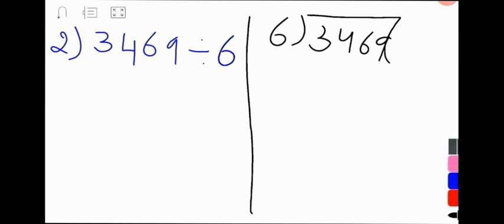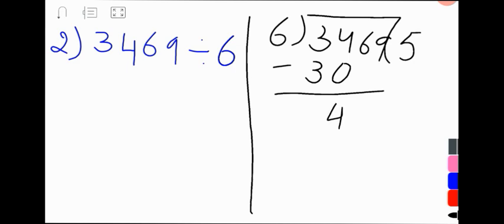Let us see whether 34 comes in the table of 6 or not. 34 is not divisible by 6, so we take a smaller number, that is 6 fives are 30. We write 5 in the quotient and 30 below. Now we subtract: 34 minus 30 is 4.